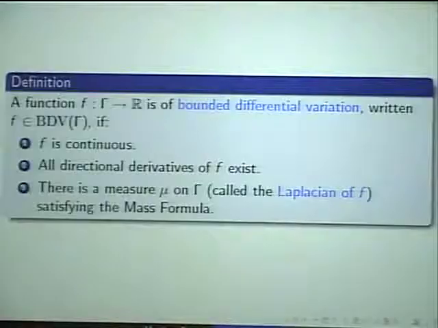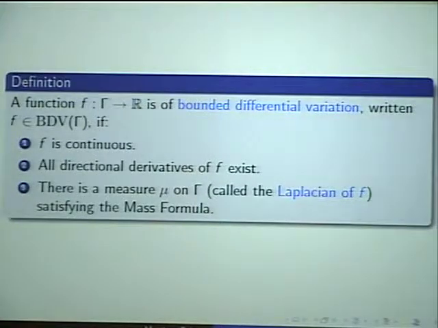And third, there's a measure mu, which I'll call the Laplacian, satisfying that mass formula. So that formula that I gave on certain kinds of sets is supposed to extend to a measure. And part 3 is really just a boundedness requirement. This has to be a bounded measure. So I'm telling you the masses of all these pieces, and they're not supposed to go off to infinity. Those things showing up in the mass formula should stay bounded in order for this to extend to a measure.